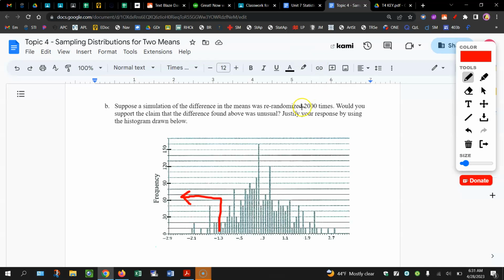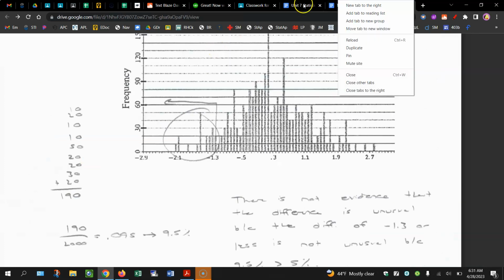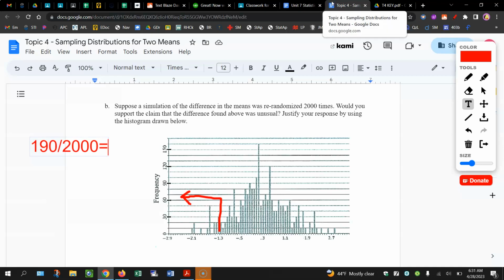And they said they did this 2,000 times. So essentially what we're doing is we're taking the 190 divided by 2,000, changing this into a percentage. Let's see what that is, 9.5%. So this is 9.5%.